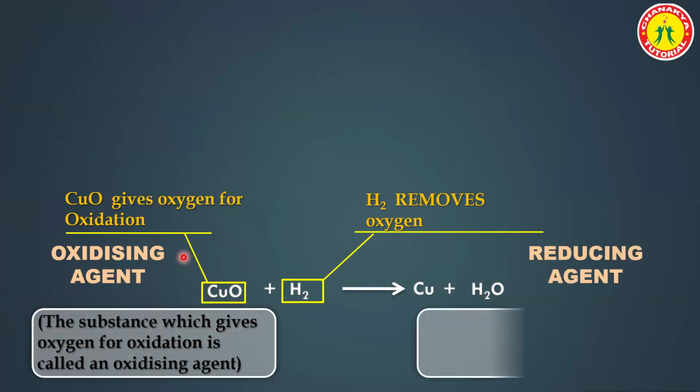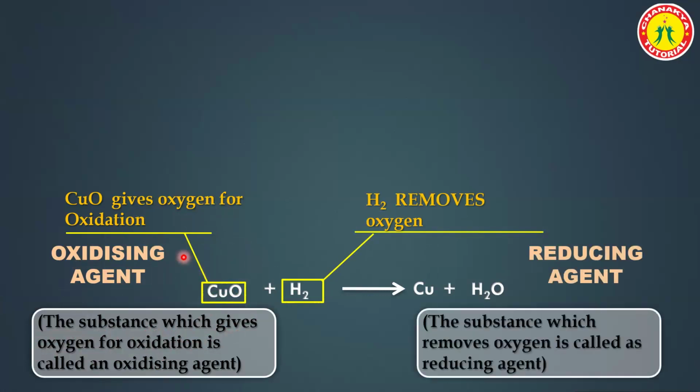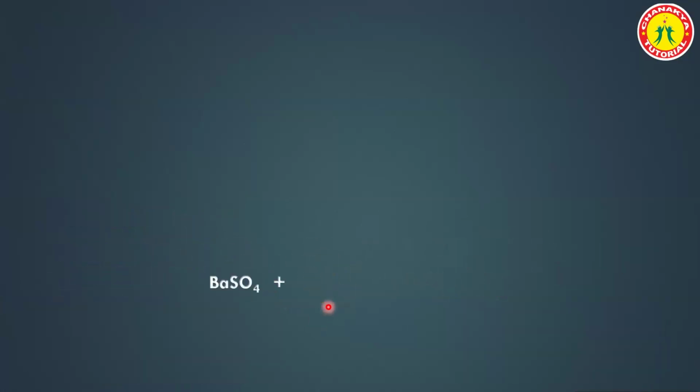Now the substance which removes oxygen is called reducing agent. H2 removed oxygen from copper oxide to form H2O. Hence it is reducing agent. In this example, try to identify whether oxidation is taking place or reduction is taking place, which one is a reducing agent and which one is oxidizing agent.